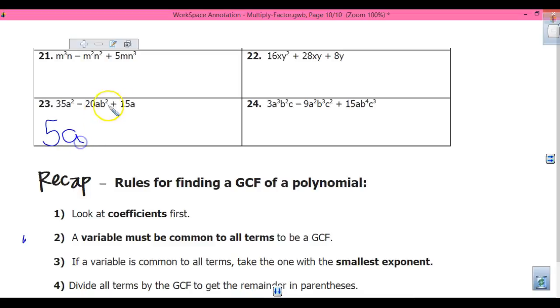Because there's not an a squared in either one of these. Is there a b in all 3 of them? Nope, so I can't take that out. So, times 7a minus, good, 4b squared plus 3. Good job. Okay, much better.